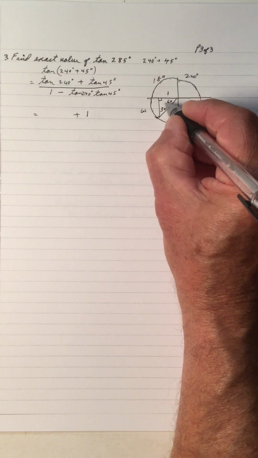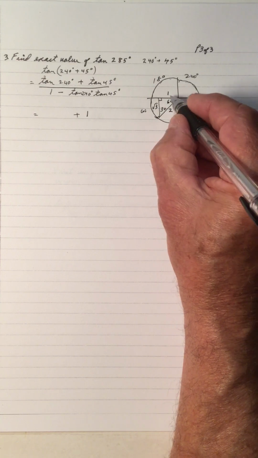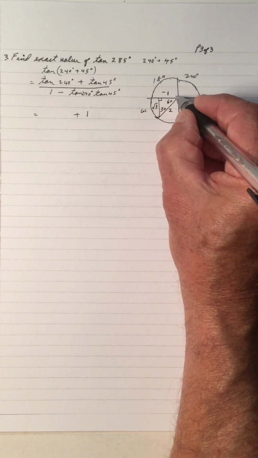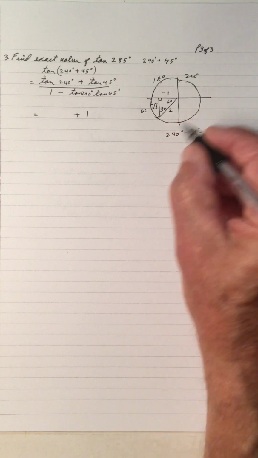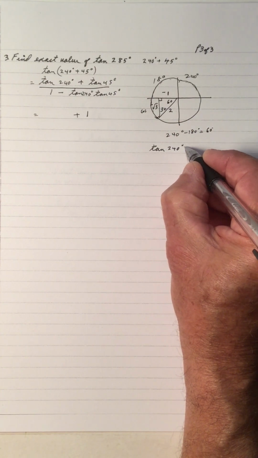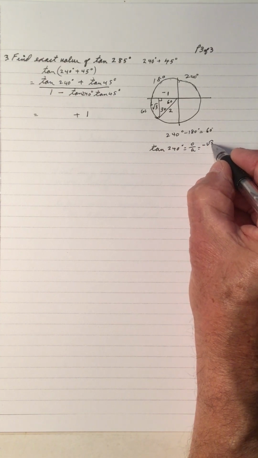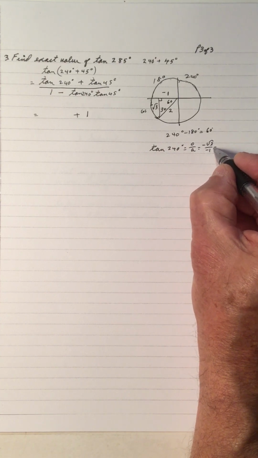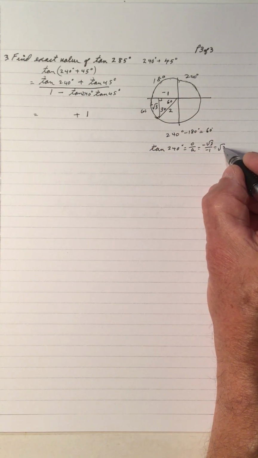Because that's a 60, then opposite 60, this is a 30. Opposite 30 is 1, opposite 60 is root 3, and the hypotenuse is 2. x is negative in this quadrant, y is negative in this quadrant. So the tan of 240 is opposite over adjacent, which is negative root 3 over negative 1, and so that gives us root 3.